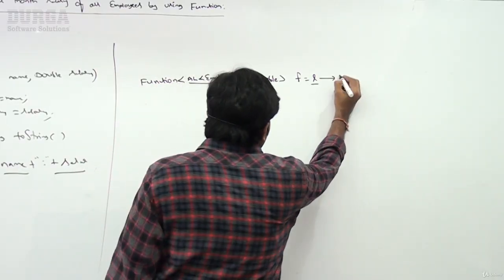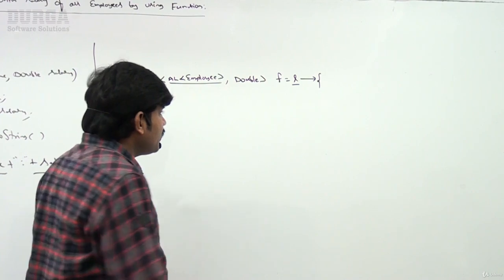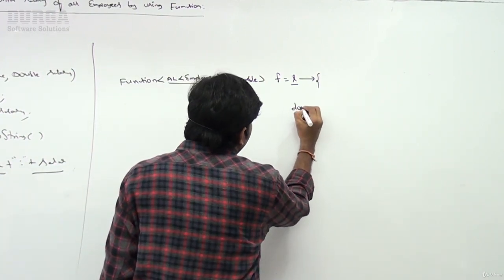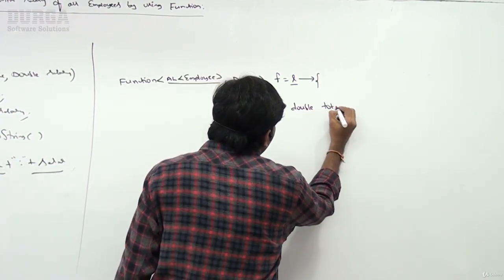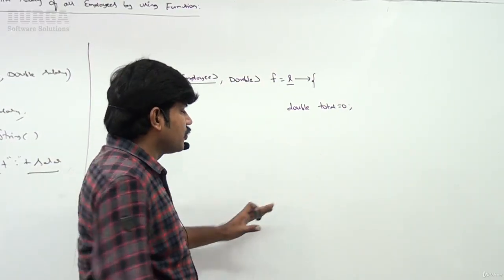Now what do I have to write inside the lambda expression? Very simple. Let me take one double total is equal to 0. At the beginning, total salary is 0.